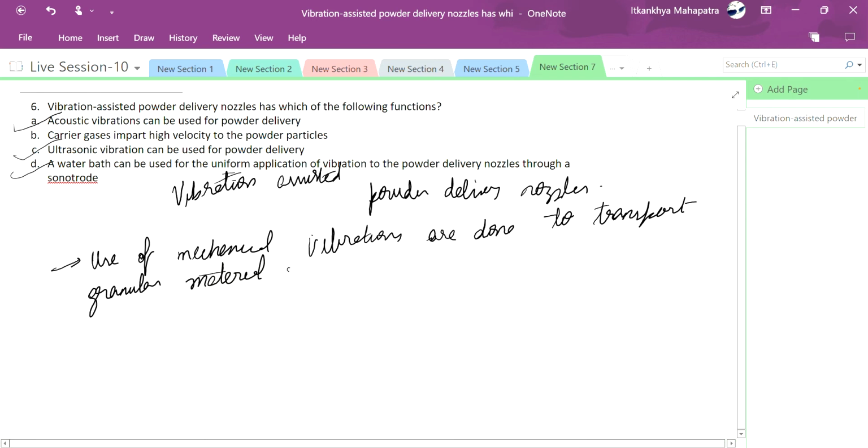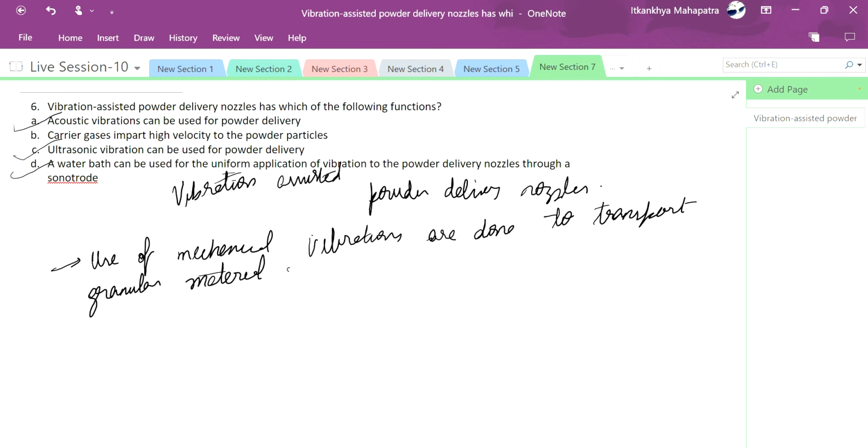Briefly, we had discussed some of this last time also, like it is very popular in the agriculture and food processing industry. In this setup we use the acoustic vibration and vibratory, and with this process we can also produce the functionally graded material.